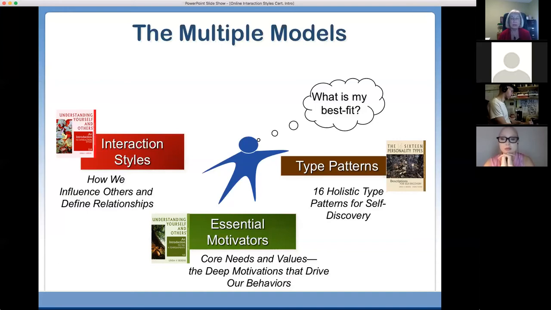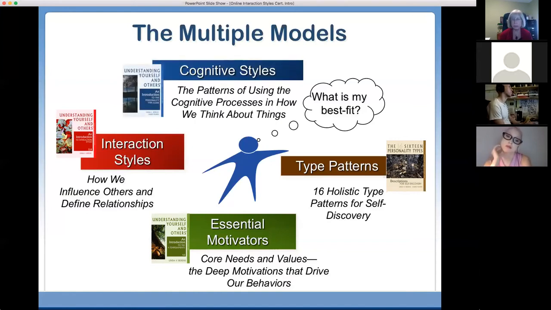Now, if we want to understand each of those 16 personality patterns, we can look to Carl Jung's model of the Jungian functions, Jungian psychological type. This is something we call cognitive styles, cognitive processes, and that's a pattern of the kind of information we tend to pay attention to, and the kinds of ways of organizing that information.